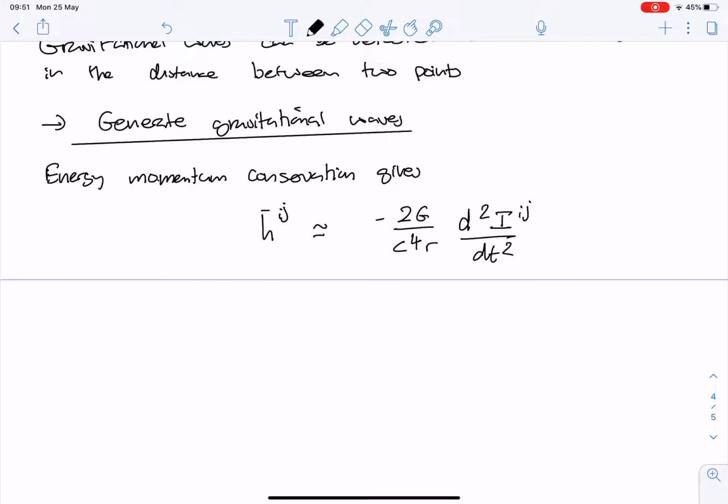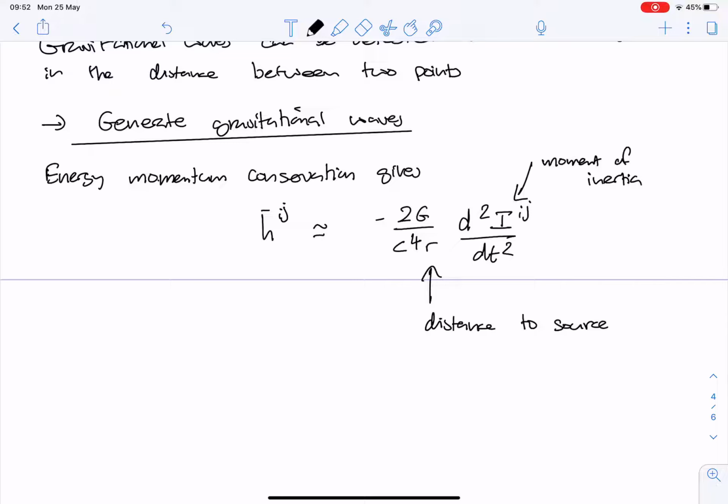So G here is just the constant, R here is the distance to the source, I is the moment of inertia, and you'll notice this prefactor 2G over c to the 4. G is 6.67 times 10 to the minus 11, right, it's a small number, and c is 3 times 10 to the 8.